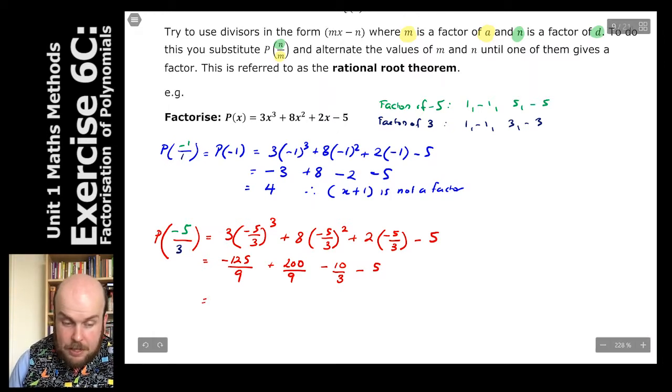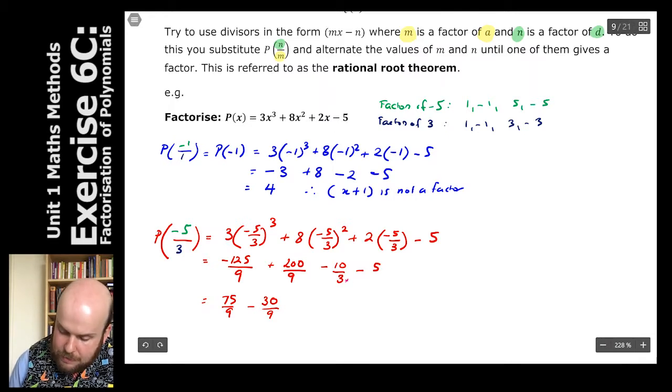I would suggest that it would be very worthwhile to get everything in the same denominator. So I'm going to go with 9s for now. So this is 200 take away 125, which makes 75 over 9. We'll need to times this by 3, so that's going to make 30.